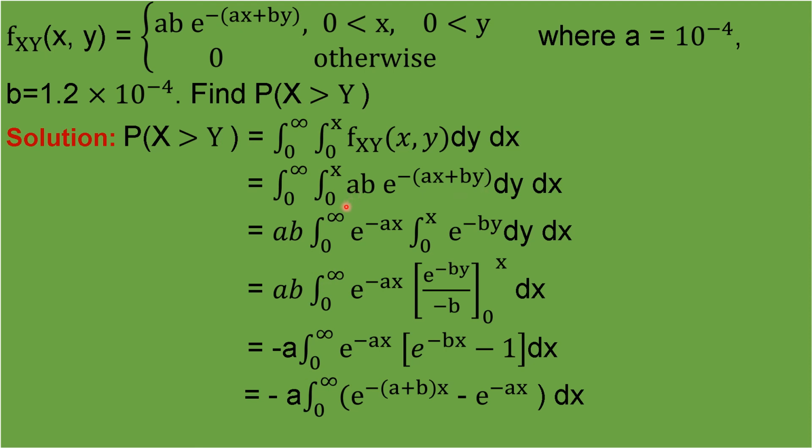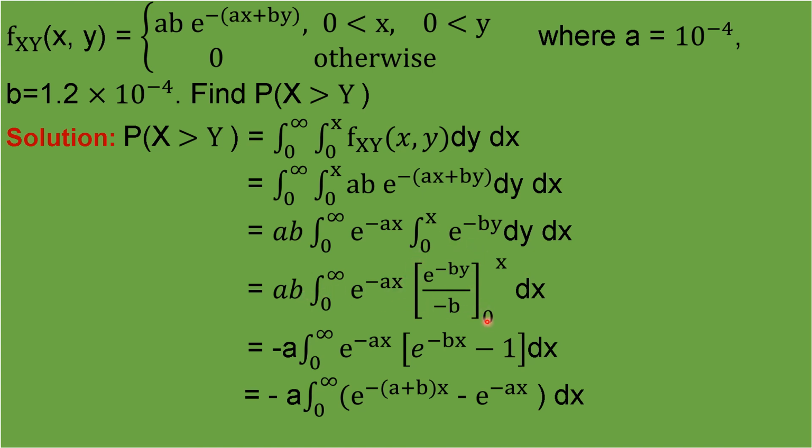So ab is a constant and can be kept outside the integral sign. The inner integral is with respect to y, so e^(-ax) is kept as it is, and we integrate e^(-by) dy from 0 to x, then dx. The integral of e^(-by) with respect to y is e^(-by) divided by the coefficient of y, which is -b, evaluated at the upper limit x and lower limit 0.